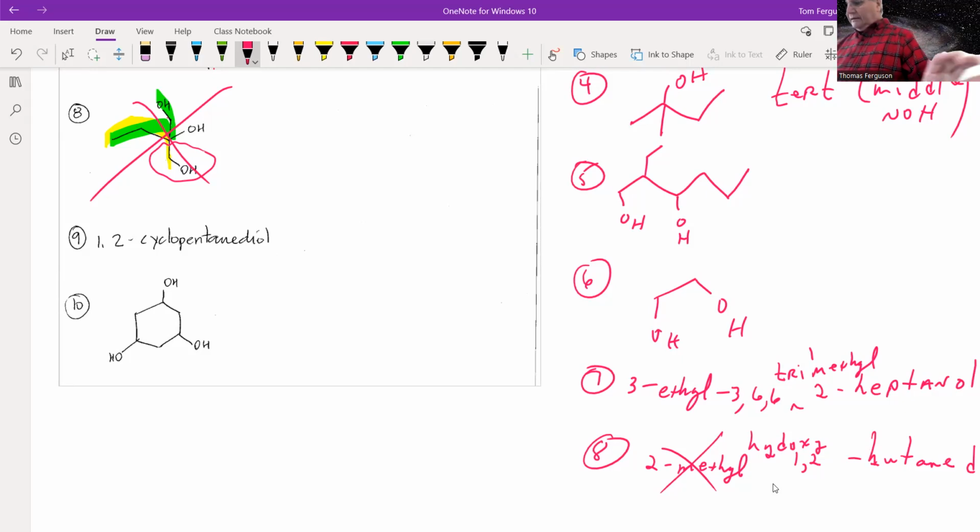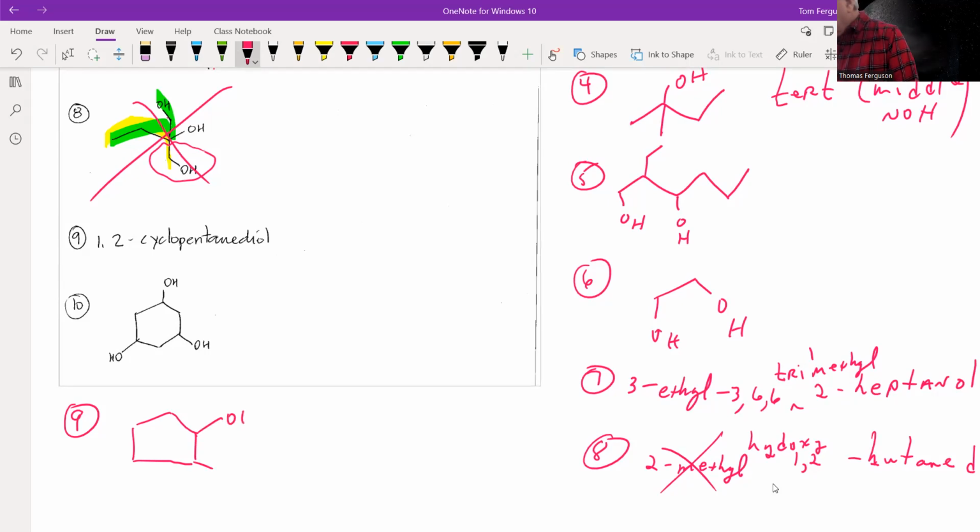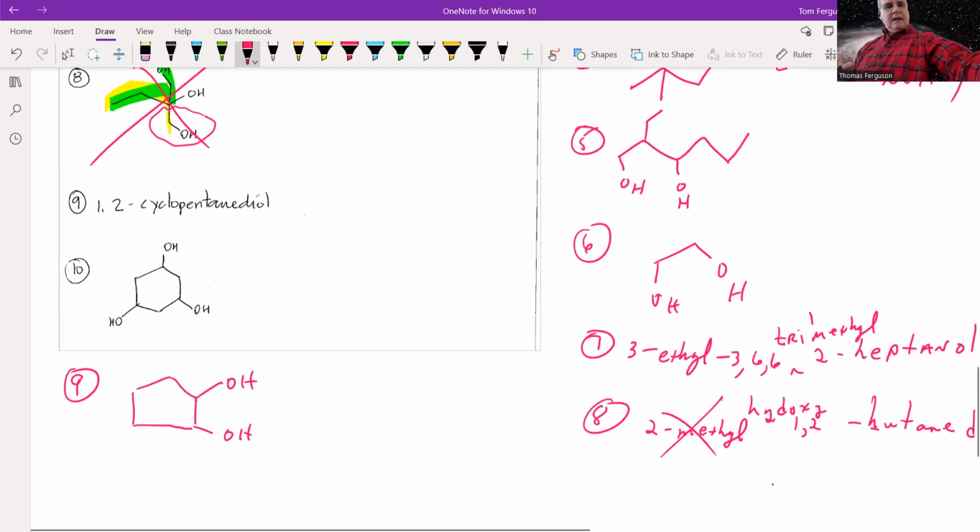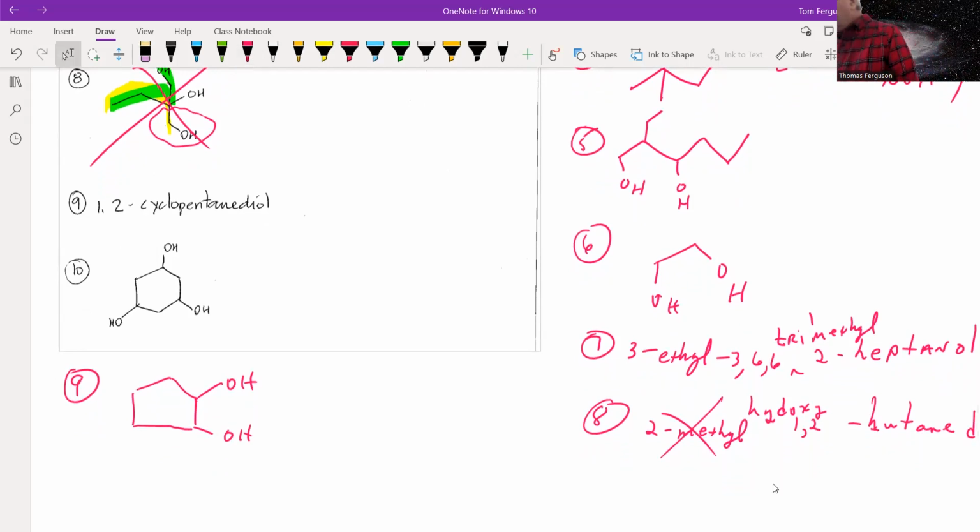Okay, number 9, 1,2-cyclopentadiol. So it's a cyclic compound. Okay, and we have 2 alcohols. And number 10 is very similar.